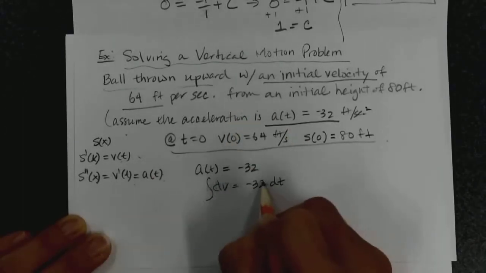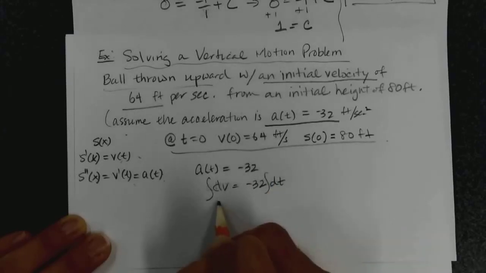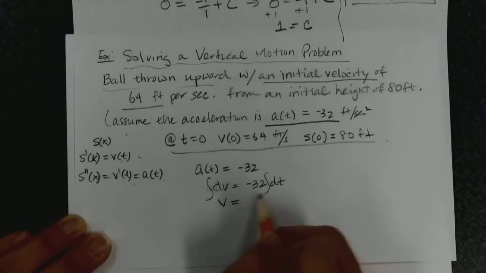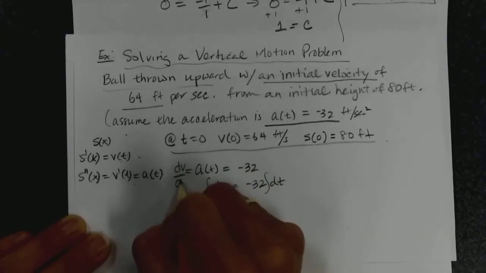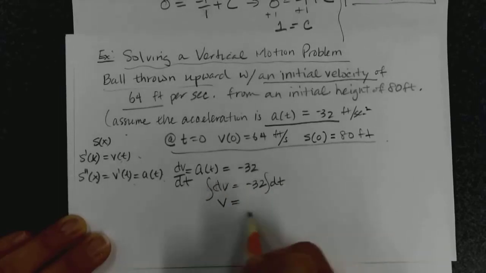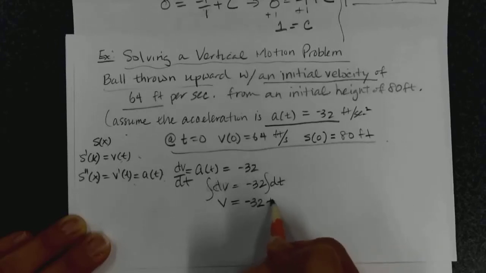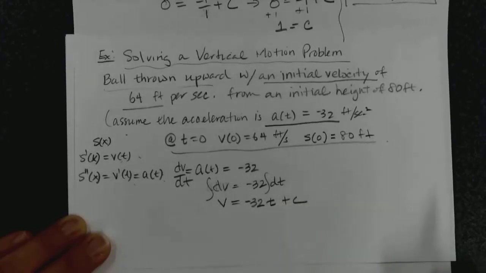So we're going to separate that over and integrate both sides. The integral of dv is velocity, and the integral, you keep the negative 32, and the integral of dt is just t plus c.